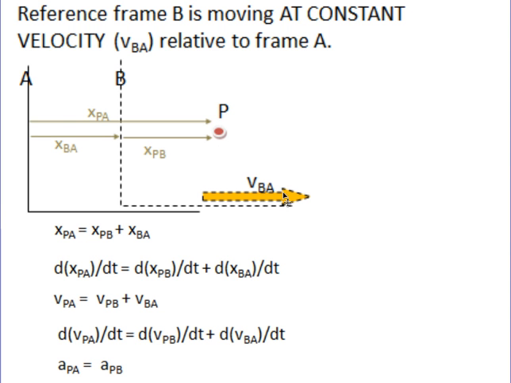Now, if B had been accelerating, then you would have a non-zero term being added onto this, and the accelerations would be different in the two reference frames, and so the forces would be different in the two reference frames. And you have the situation where if you're in an elevator that's in free fall, you are weightless.